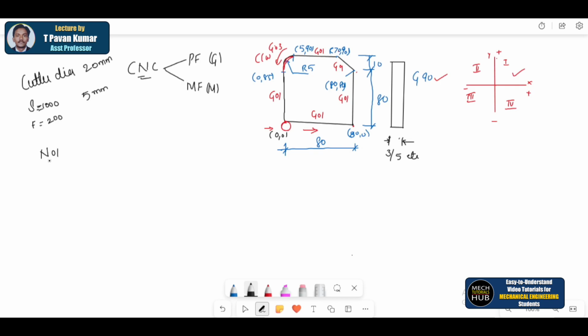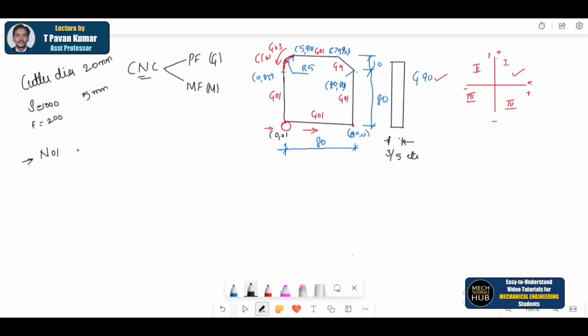If the length of the program is in hundreds of blocks, then N001 is always preferable. If the rows you are going to get are in thousands, definitely I can take it as N0001. This N represents a single block. A single block will contain multiple codes.